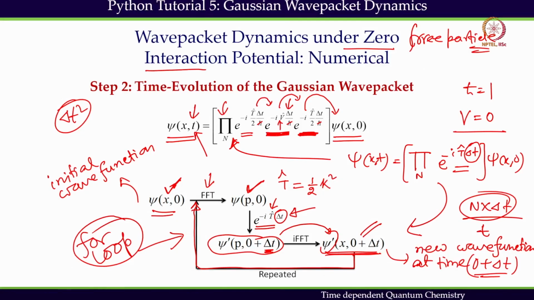It is more like a K dependent function depending on what K I have. And so in the K domain, I have created a discretized K domain, and for each K I have a kinetic energy operator.